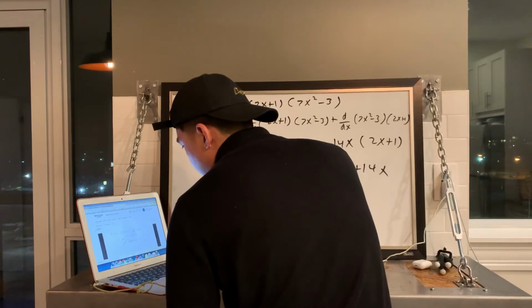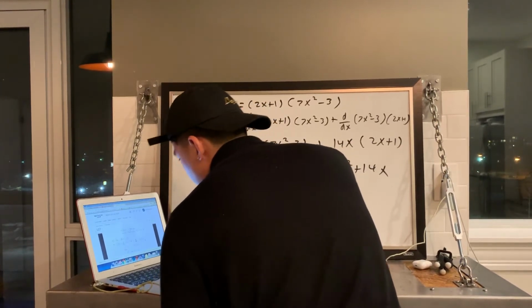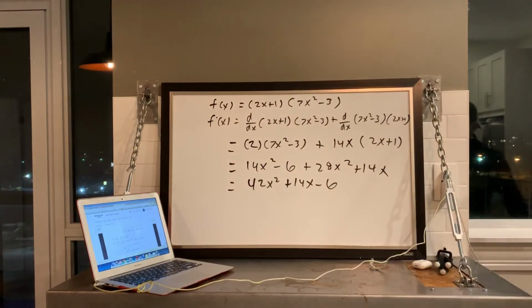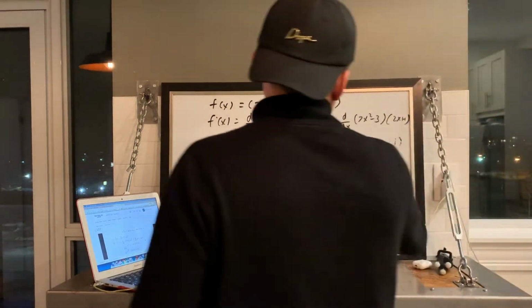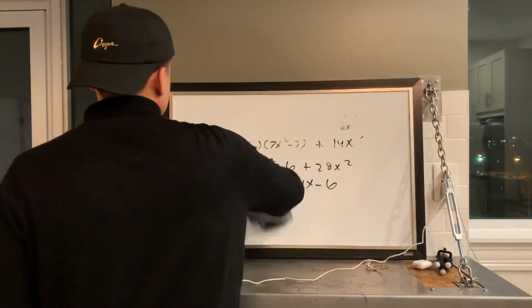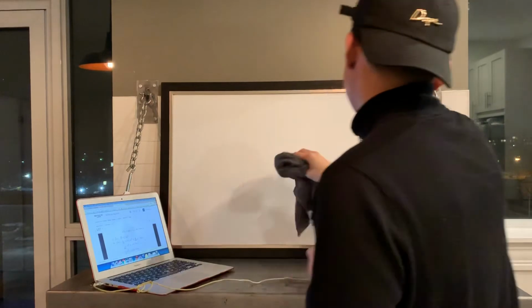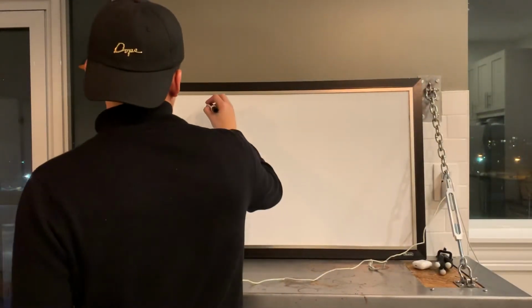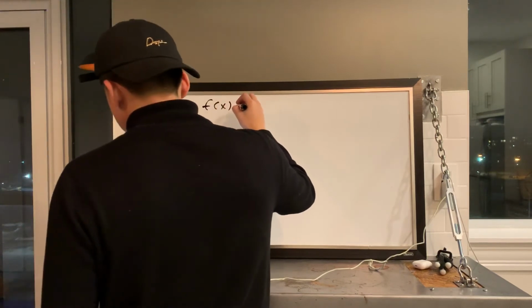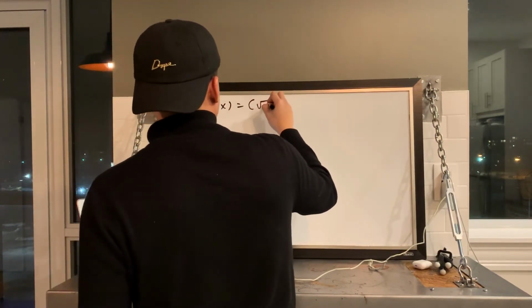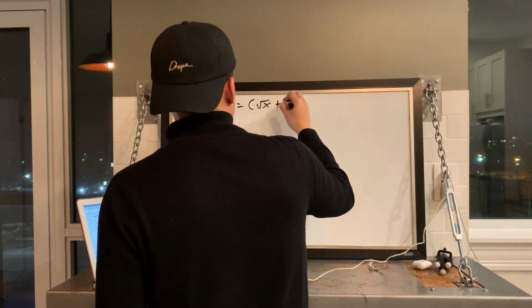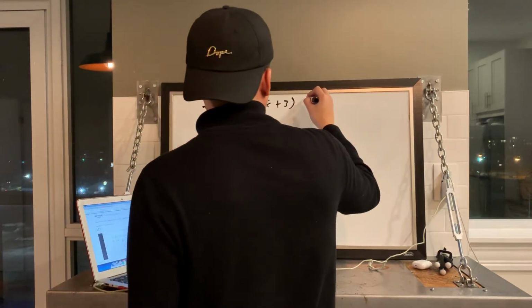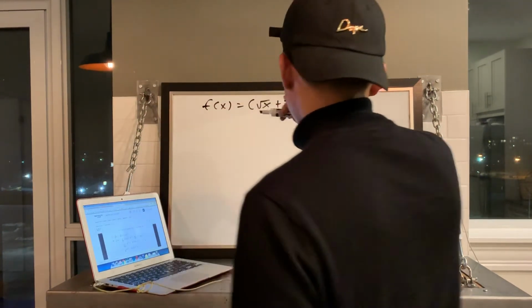We have another one right here. We can do that too for the road. So if I have f of x equals root x plus 3 times 2x squared, okay?